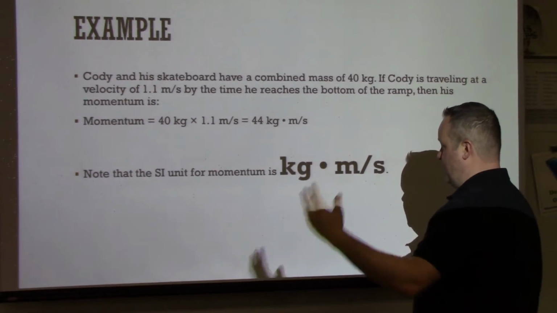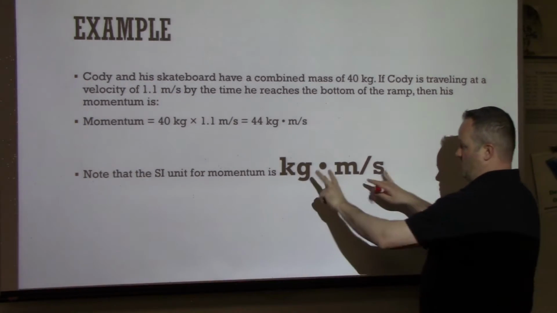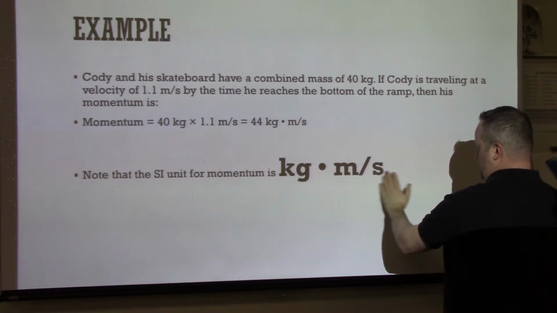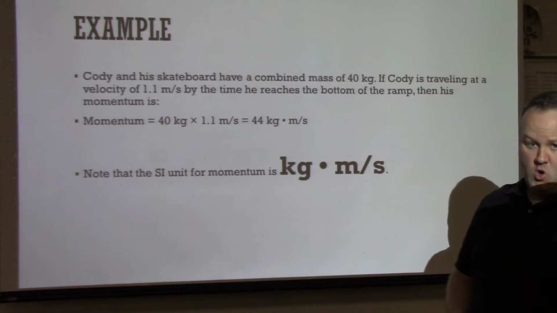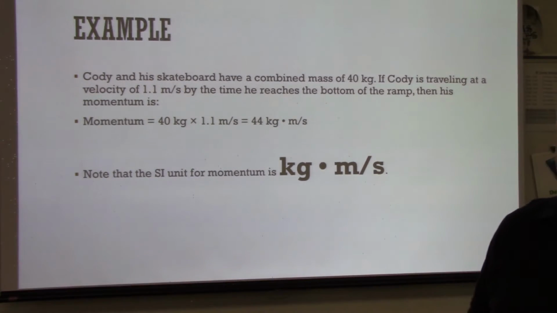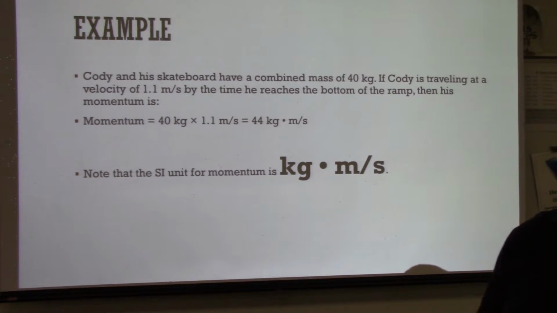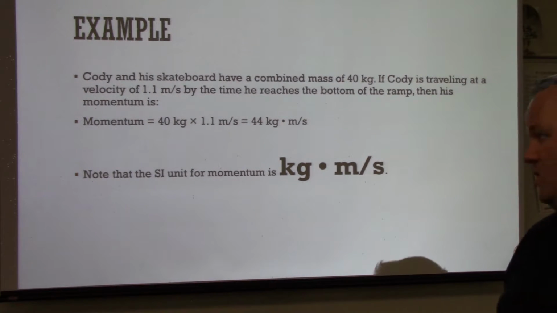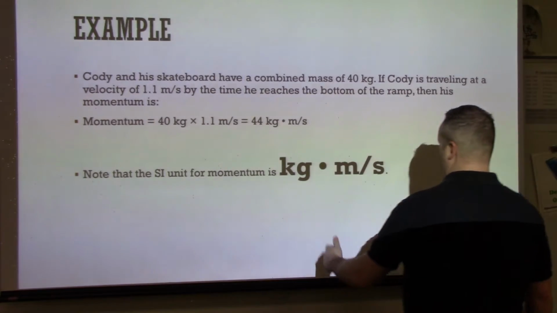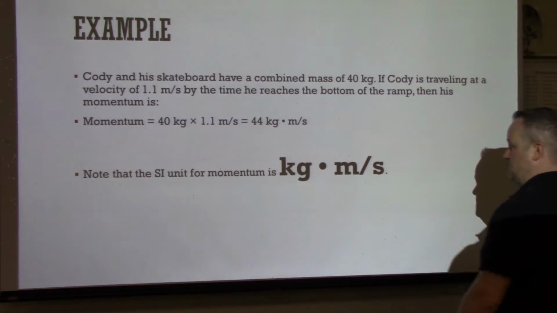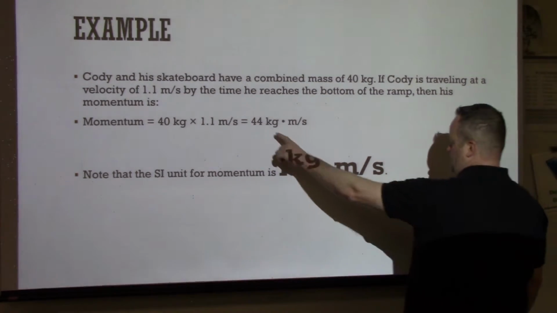Remember that the SI unit for momentum is kilograms times meters per second. That's because we don't have a unit for momentum. Just like density, we don't have a unit for density. We have to borrow from mass and volume. Here, we're going to borrow from mass and velocity. So you write it just like this.